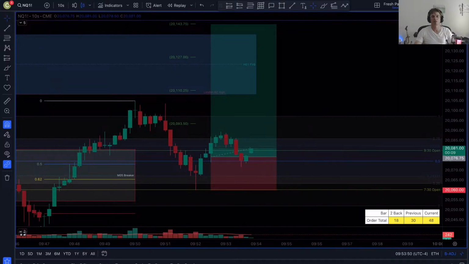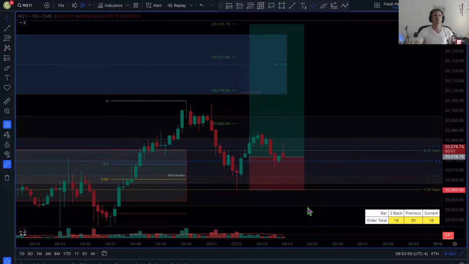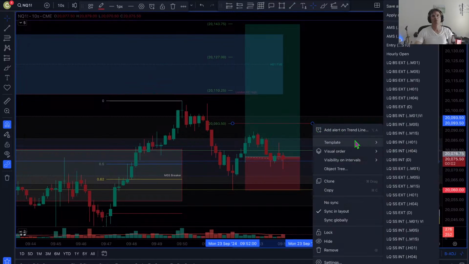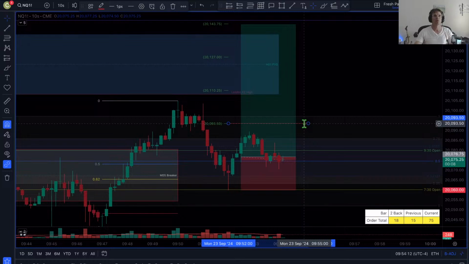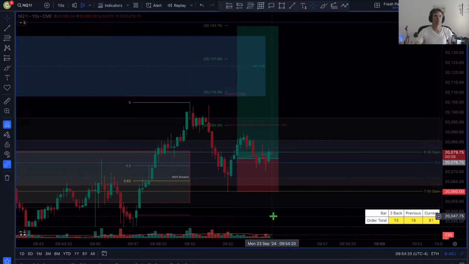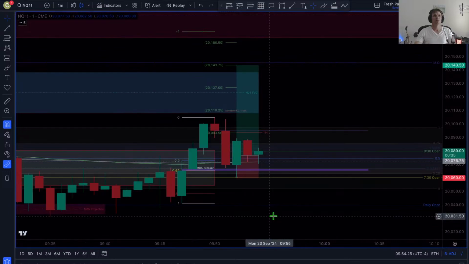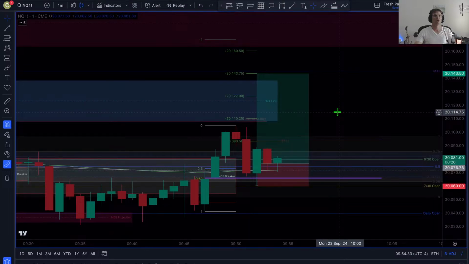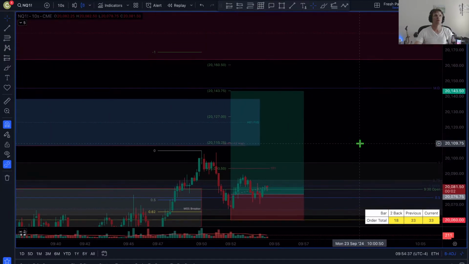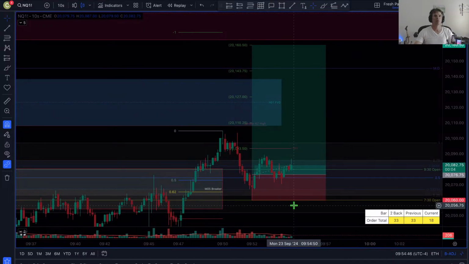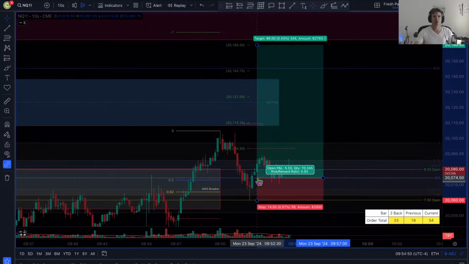So 93.50 would be the sell if it gets there. My actual entry closer to here.